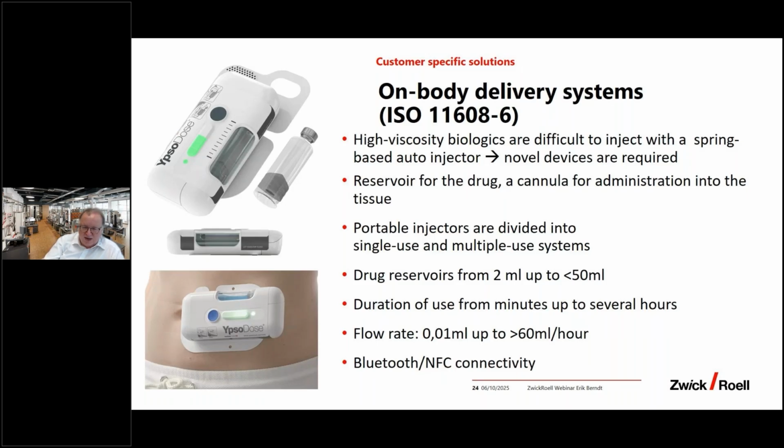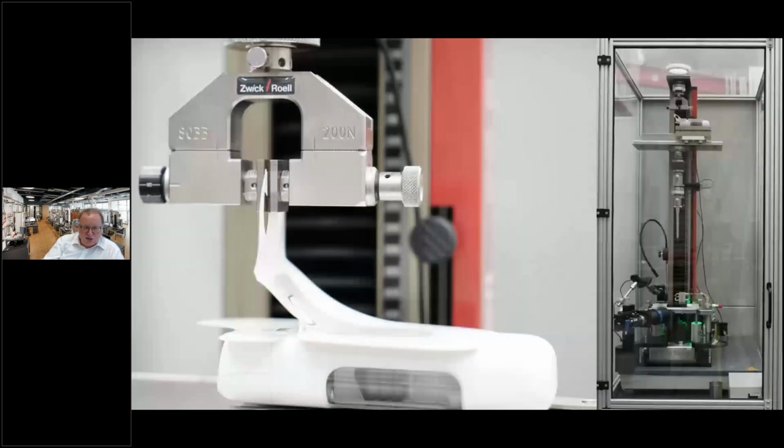This is now from seconds with autoinjectors to minutes or more for these devices. And if you're looking at this, the device is normally physically connected to the patient's body. Adhesion properties must be measured. And with this, we can also have these testing systems with 2 test spaces where we can first peel the adhesive in the top space and then perform the actual device test in the bottom space. So covering all the testing in a single system.